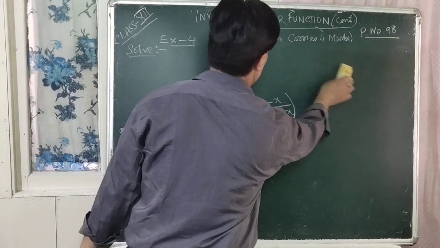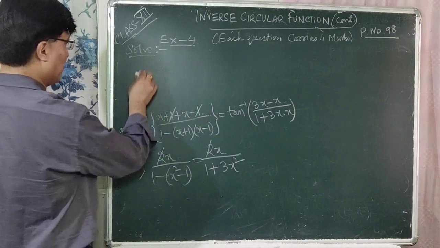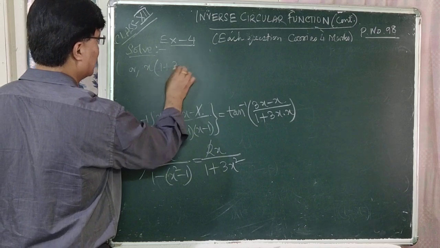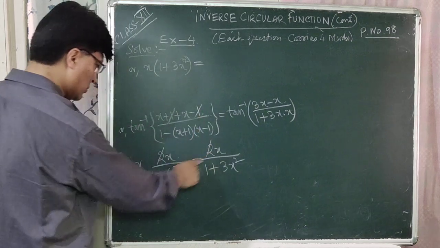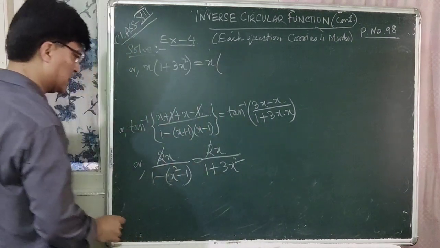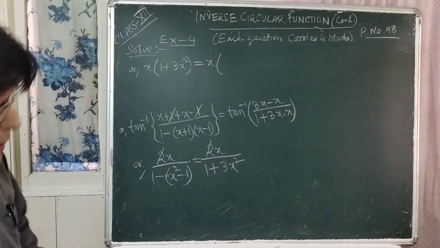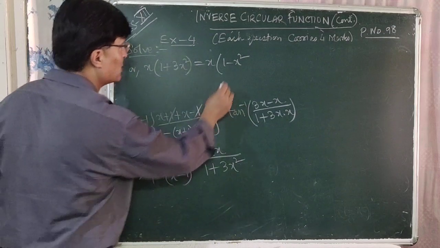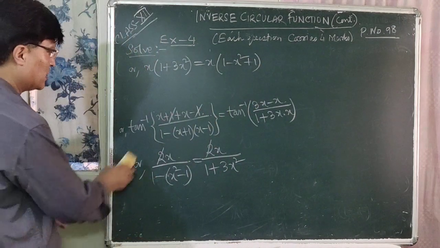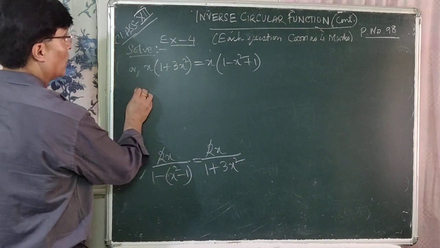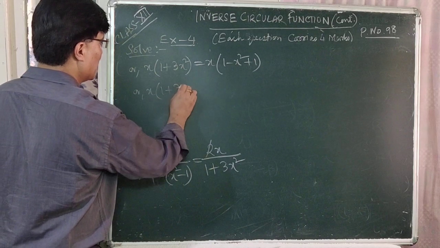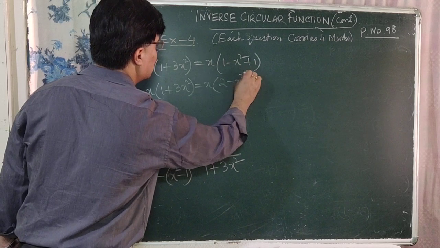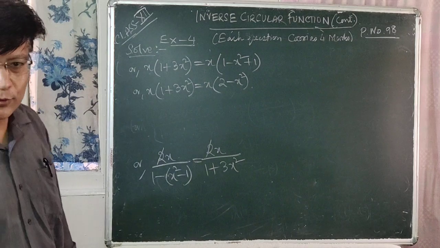So now in the next step, let us cross multiply, or x into (1 plus 3x square) is equal to x into within bracket. You can simplify it further. 1 minus x square minus minus plus 1, right? Or x into (1 plus 3x square) is equal to x into (2 minus x square). Is it clear to all of you?